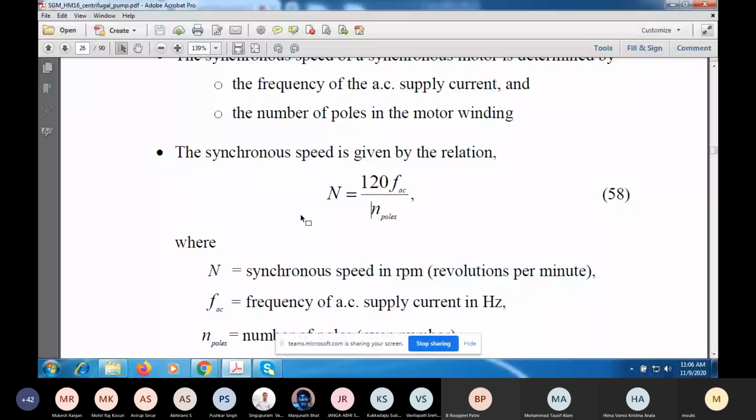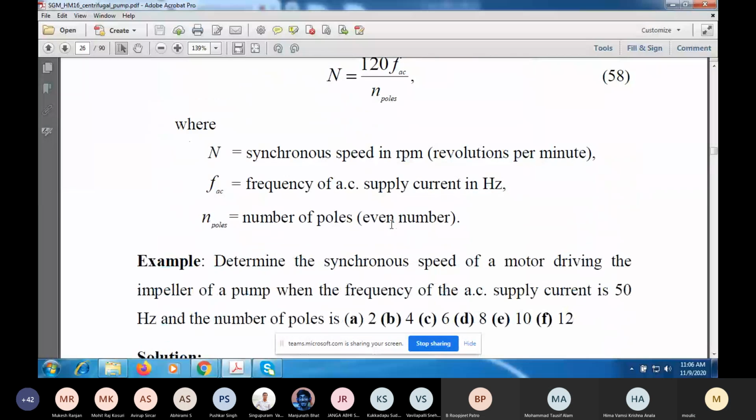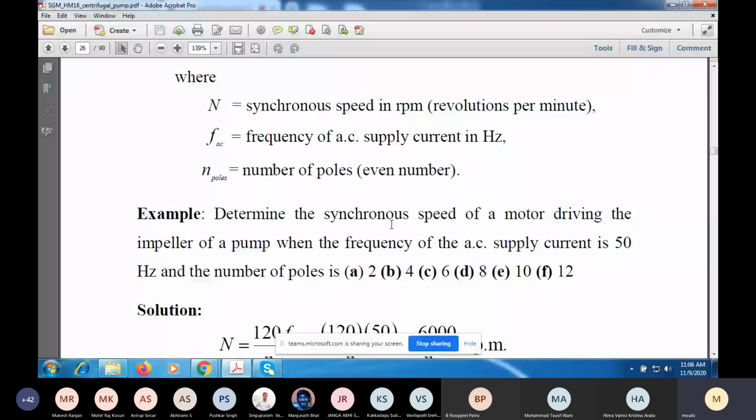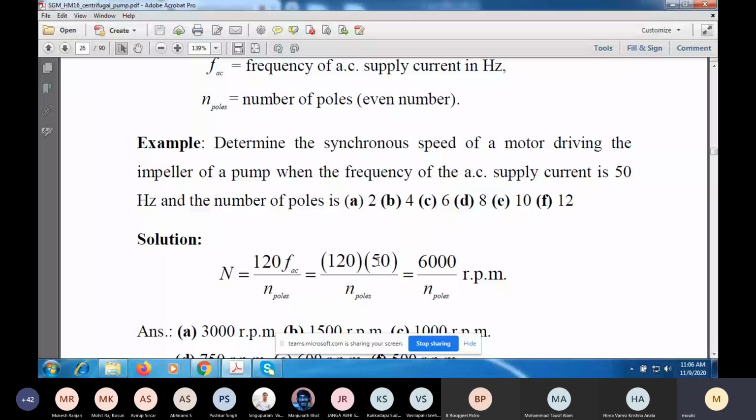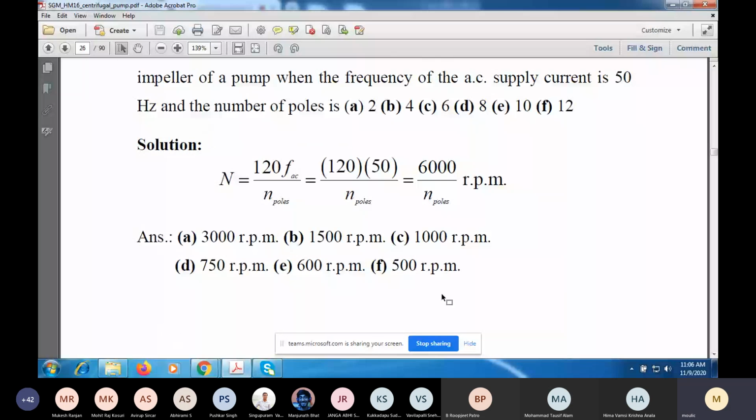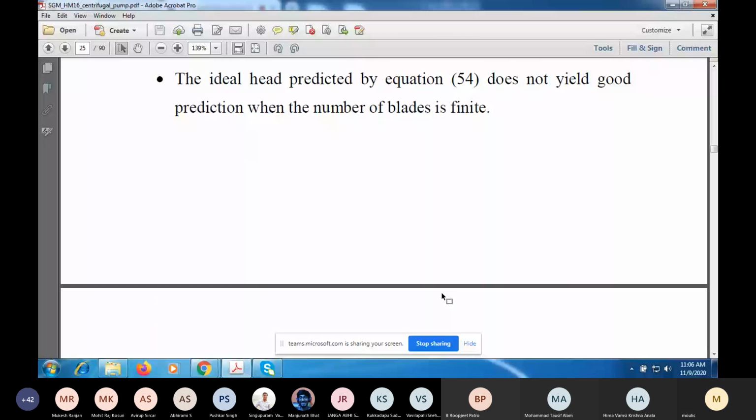The same relation holds over here. So in our country, if the frequency is 50 hertz, then the synchronous speed in RPM will be 6,000 divided by the number of poles, which must be an even number. So the speed will usually be constant.